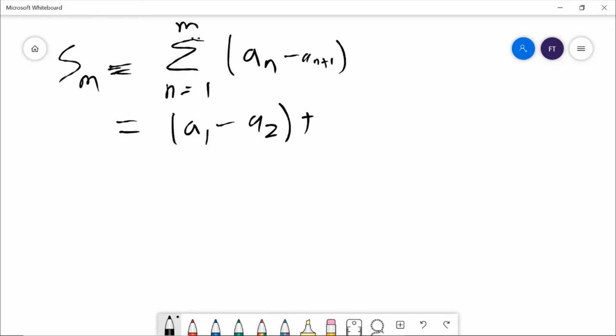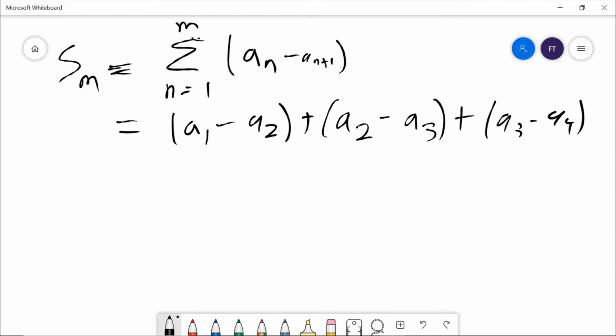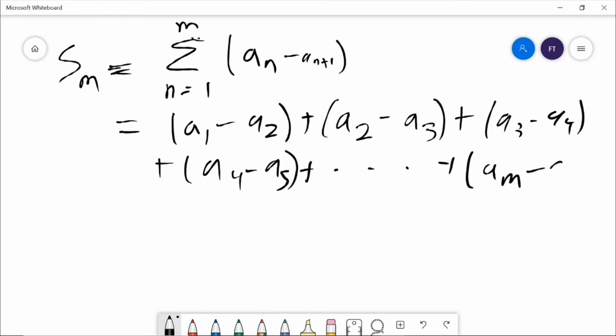Our first term is a_1 minus a_2, second term is a_2 minus a_3, third term is a_3 minus a_4, fourth term is a_4 minus a_5, and this continues up to the last term, a_m minus a_(m+1).